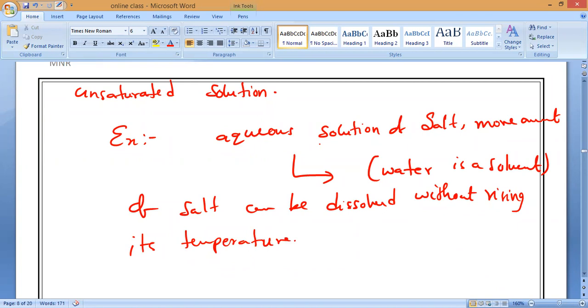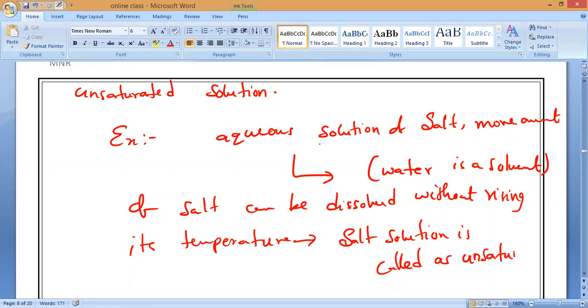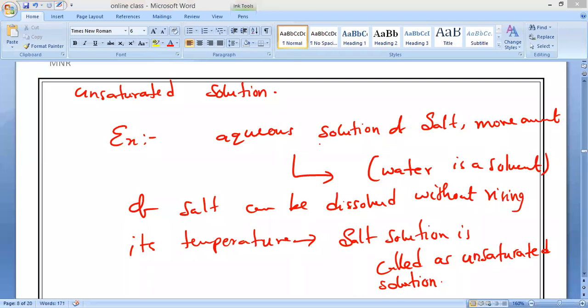Then this salt solution will be what solution, saturated or unsaturated? Unsaturated solution. Please respond. Unsaturated solution. Okay, that is what you have to remember.